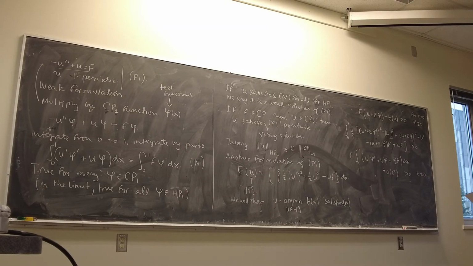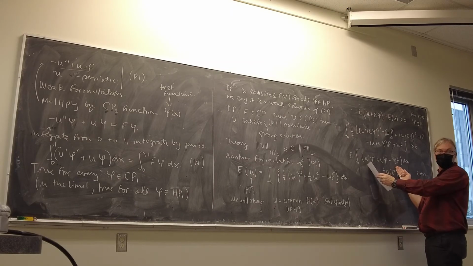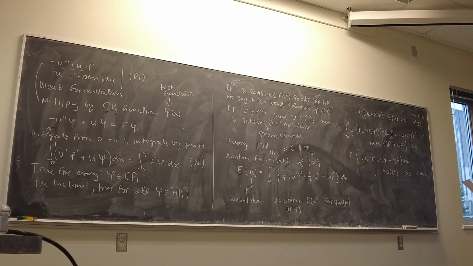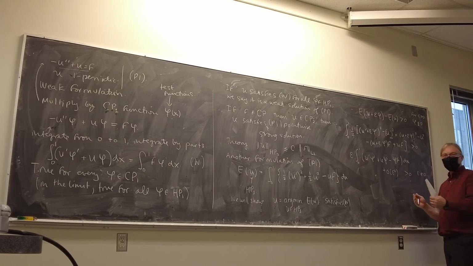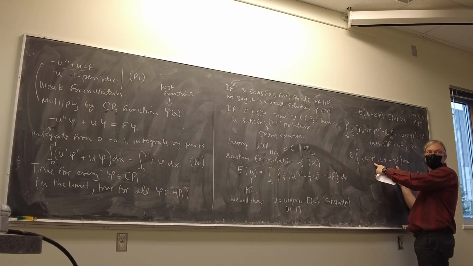Right, so I can make epsilons, like, if this is not 0, right? Then it's got a sign.